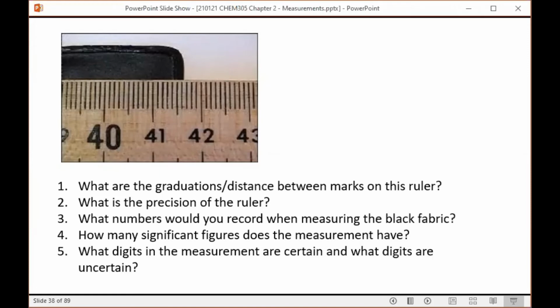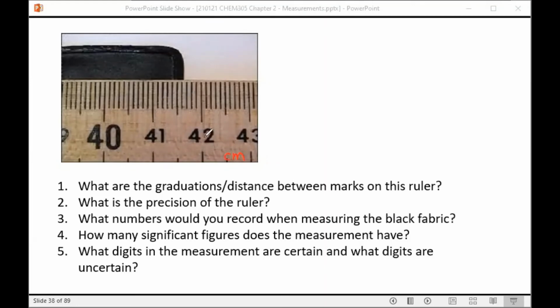So let's first figure out what measuring device we're looking at, what the graduations are. Let's work in the metric system, so we'll call this centimeters. And if we count the number of lines, we have 40 to 41 to 42. So we have large markings every 1 centimeter, but let's count how many small hashes or marks are between.